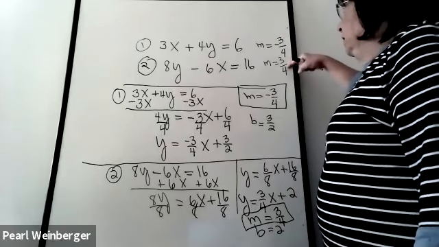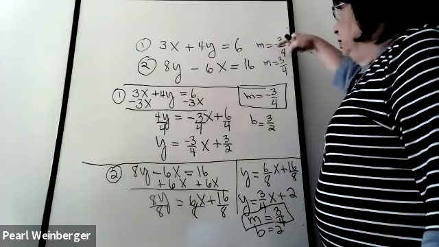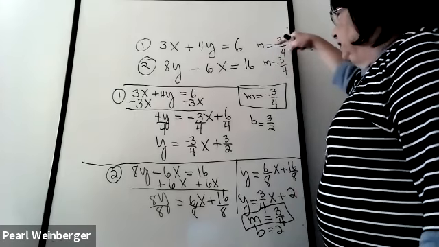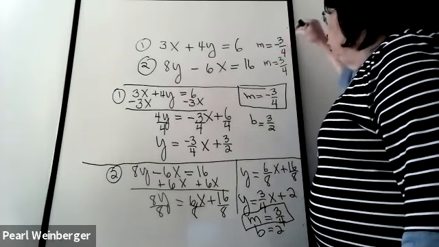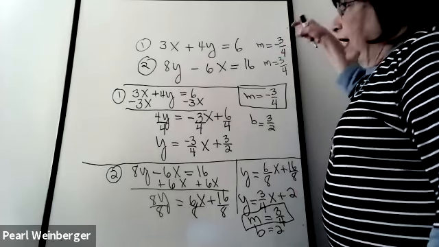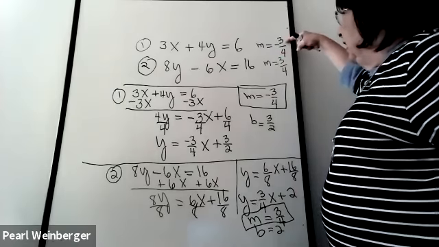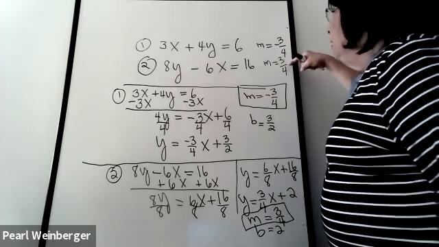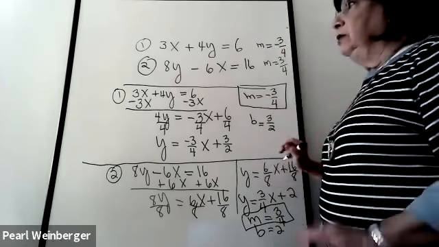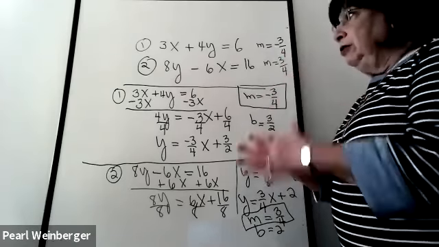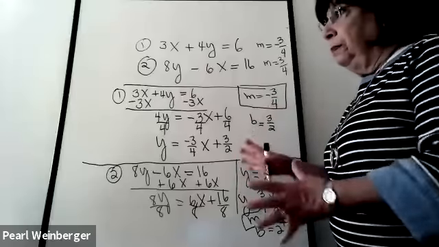Are the slopes opposite reciprocals? Well, they certainly have opposite signs, but they both are 3/4. In order for them to be opposite reciprocals, if this would be -3/4, this would have had to be +4/3. So they're not opposite reciprocals. So they're neither parallel nor perpendicular.